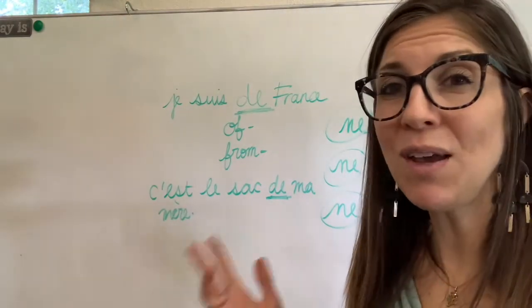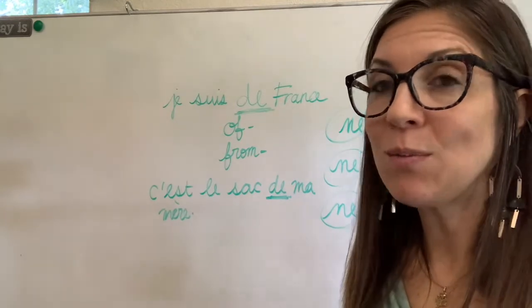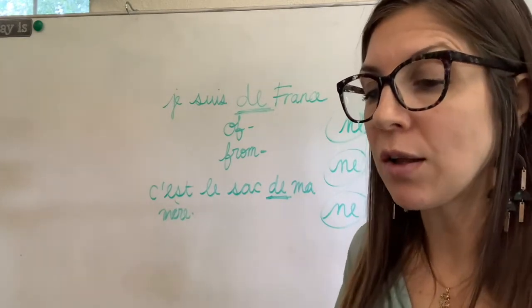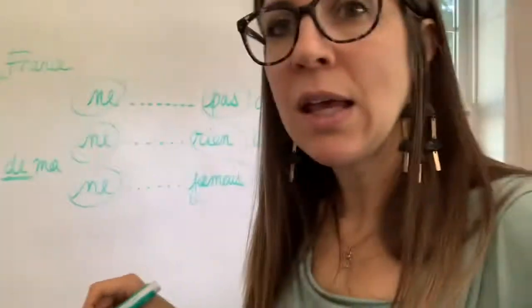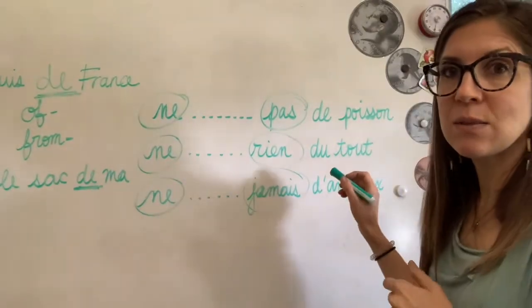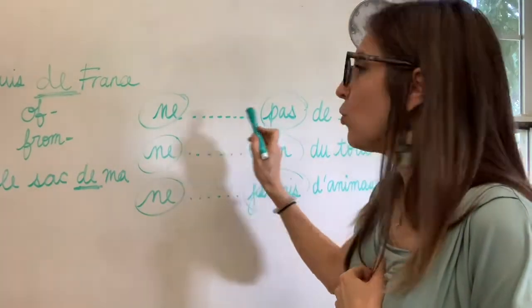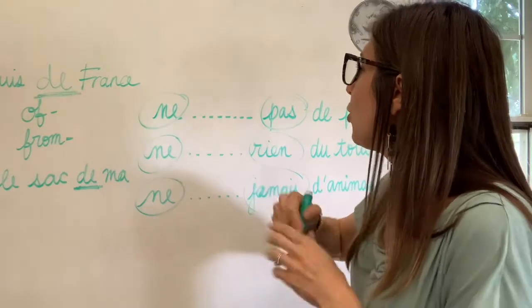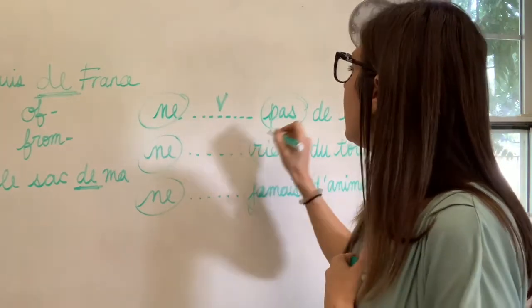So, de is very important. Actually, even native speakers sometimes use it incorrectly because we use de a lot. For instance, we use it in negative sentences as well, and you're going to have to know this. Every time we have a negative sentence, remember the sandwich? We have ne and then the verb, your action goes here, and then pas.